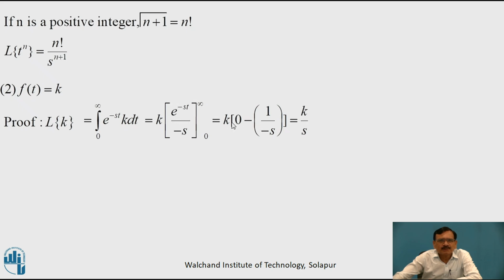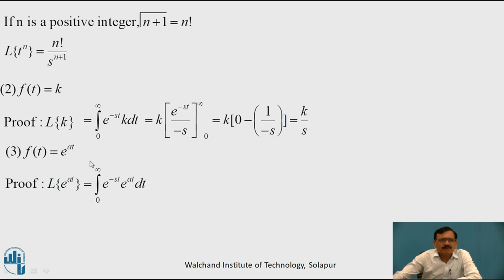Therefore, for the upper limit we get 0, minus of the lower limit, t equal to 0, e raised to 0 is 1, that is 1 upon minus s, that is k into minus of 1 upon minus s, which is equal to k by s. Therefore, Laplace transform of k is k by s.